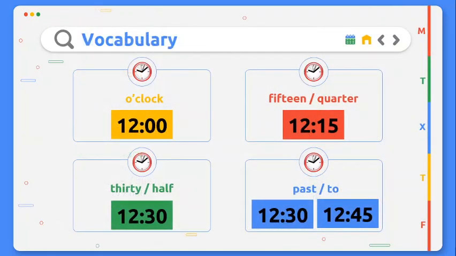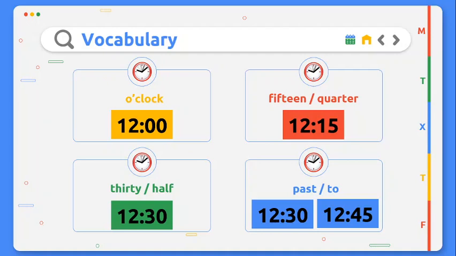As I told you at the beginning, we have four different words. In number 1, you can find o'clock. That means that we have, for example, 12 o'clock, 12 and two zeros. In number 2, you have 15 and quarter, and it's exactly the same. That means 15 minutes.